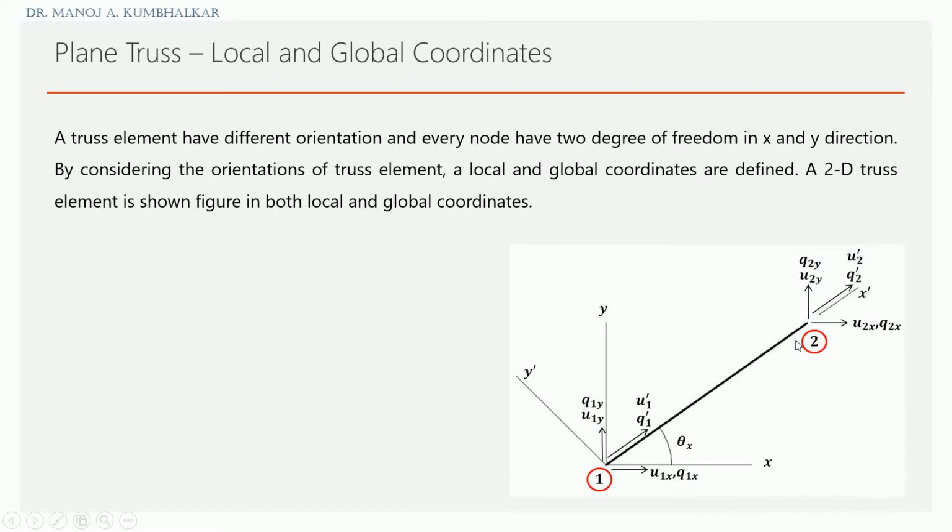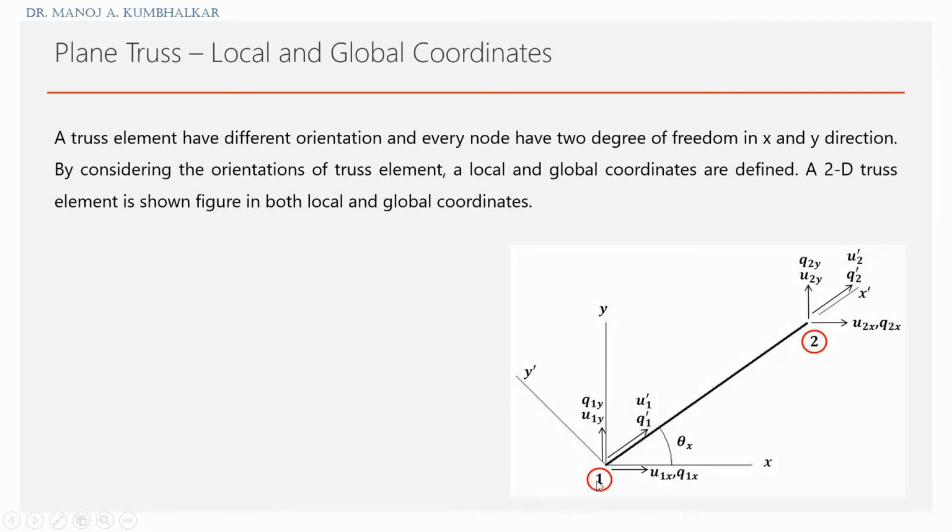So the truss is also a 1D bar element. If we study the local coordinate, the displacement of node 1 is q1 dash and the displacement of node 2 is q2 dash, which are the local displacements of nodes 1 and 2.